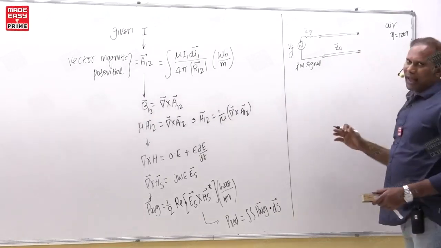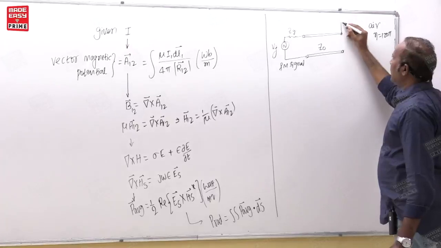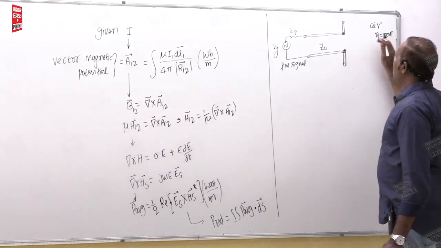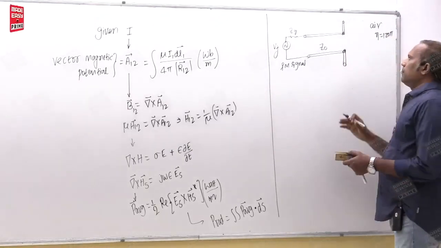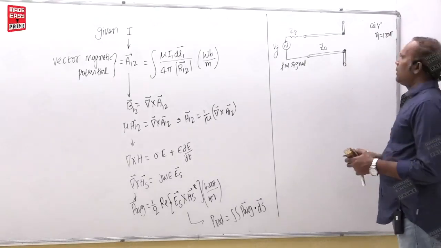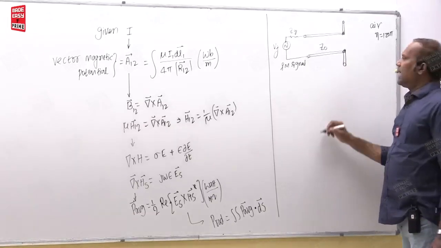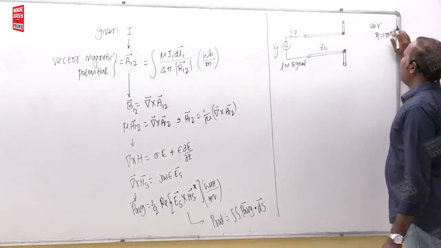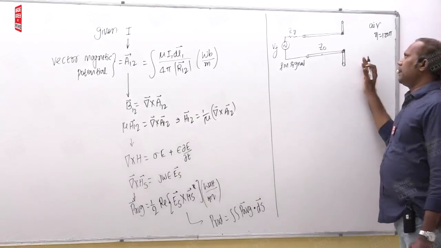You can't radiate into the air. So if you put an antenna, it tries to match the impedances of this medium and this one, so that it radiates the power. So one purpose of this antenna is to match the impedance of the transmission structure and the impedance of the surrounding medium, that is the air medium. So for impedance matching it is used.